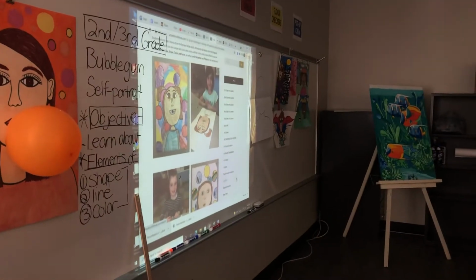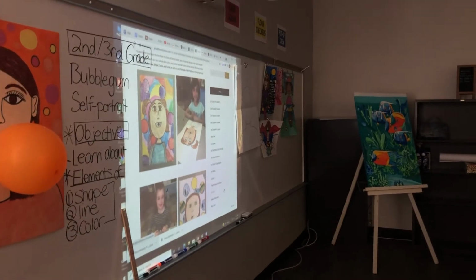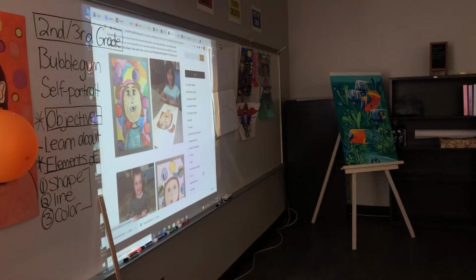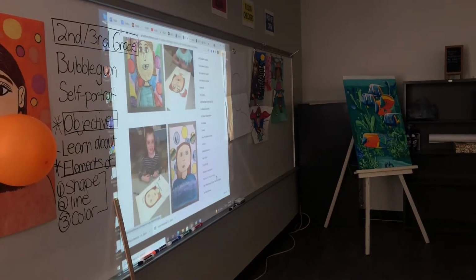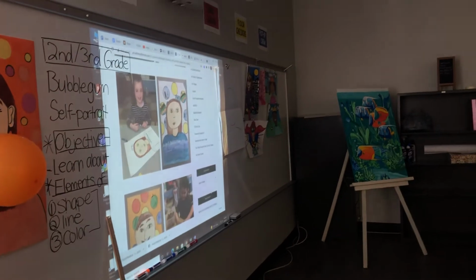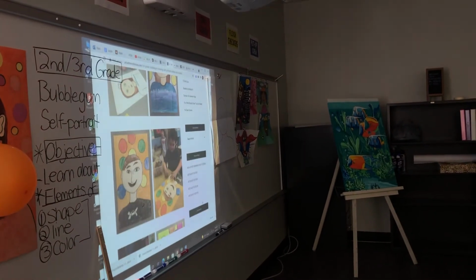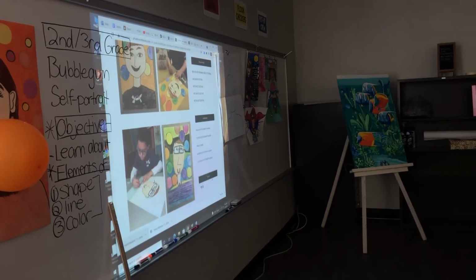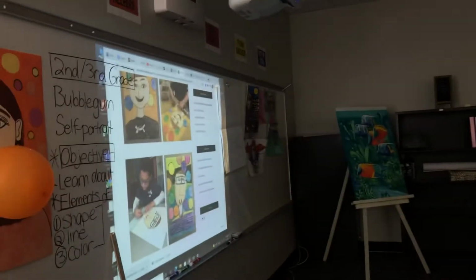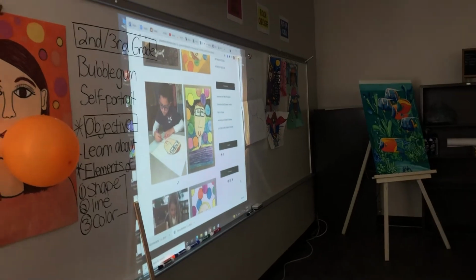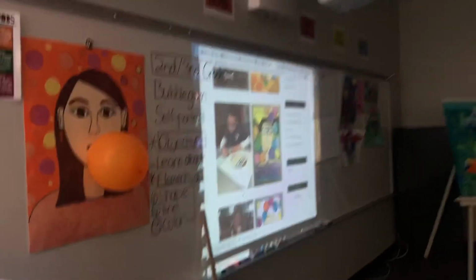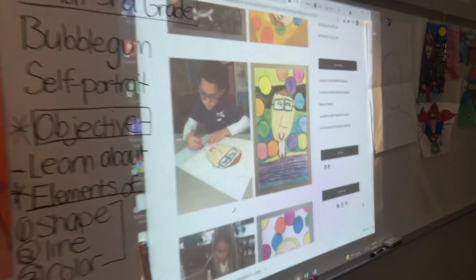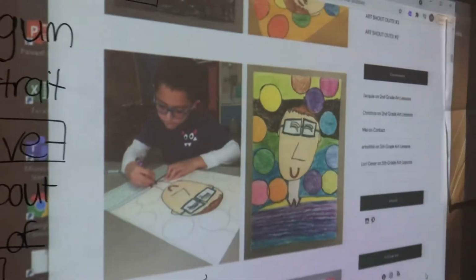Okay, so guys, these are examples of kids in other classes that have done this project. I just want to scroll down so you can look at it to get some inspiration and ideas for your portrait. Is everybody looking? Yeah. Okay, so let me see how he did glasses on his, because he wears really cool blue, awesome square glasses.